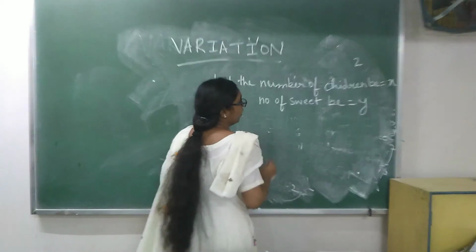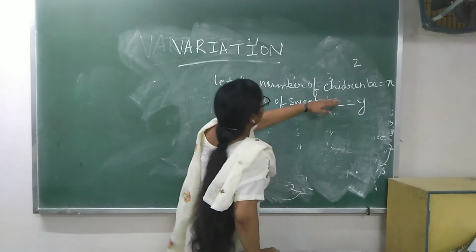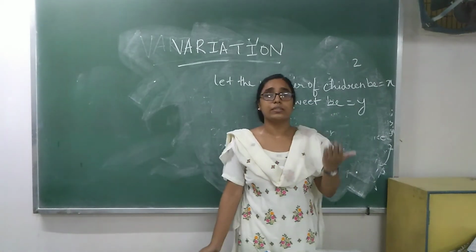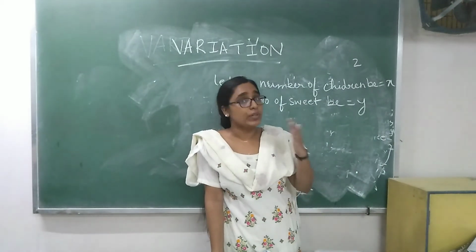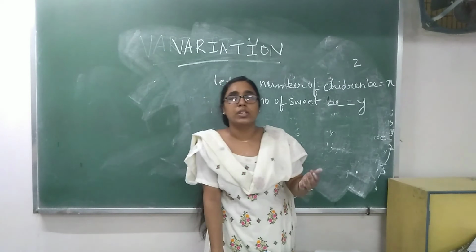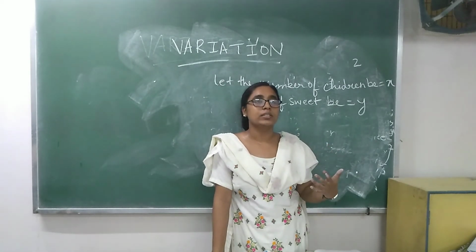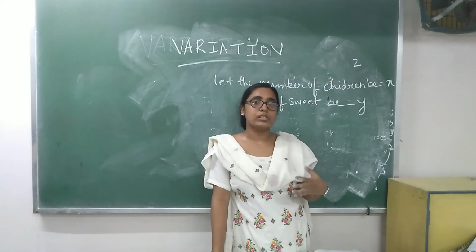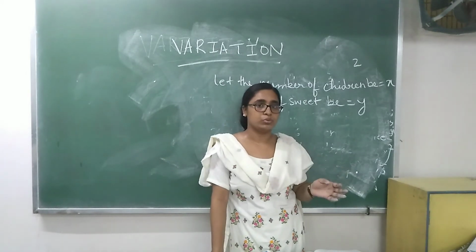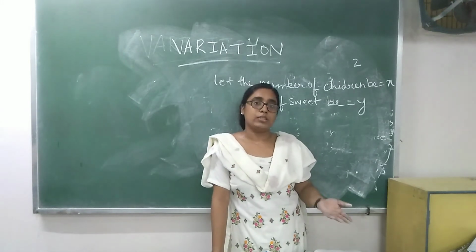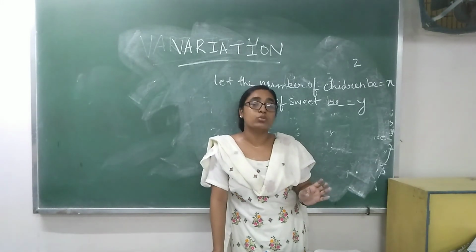Now what is the relation between children and sweets? If the number of children increases, then sweets will decrease. Suppose you have 5 children in the class and I have only 10 chocolates. So I will distribute 2 to each. But if I have 8 children and the number of sweets is the same, 10 only, what will happen?